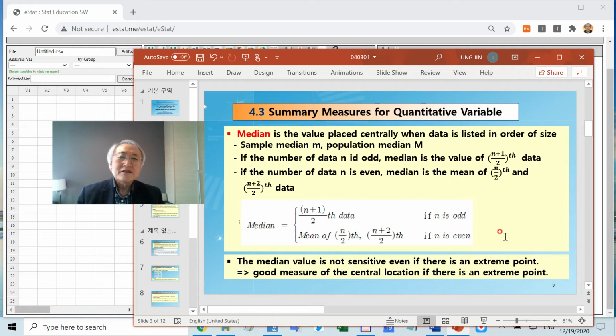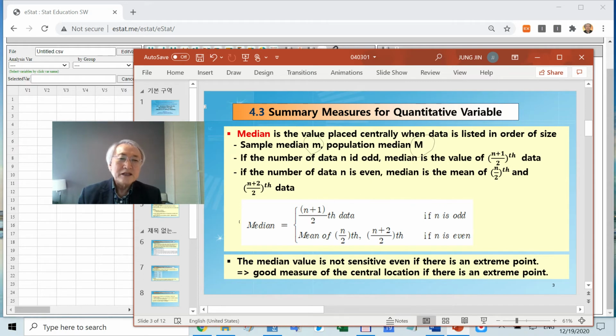The median is roughly the middle value. We distinguish it: the sample median is M, and the population median is capital M. If there is data, we'd like to select the middle of them.